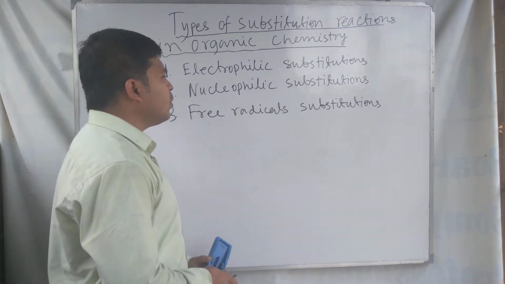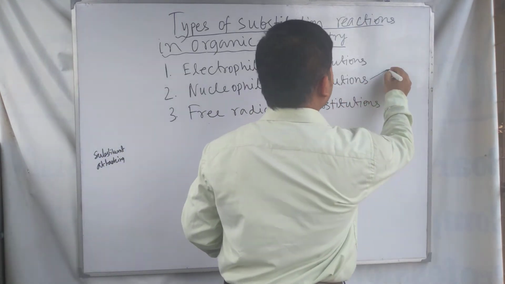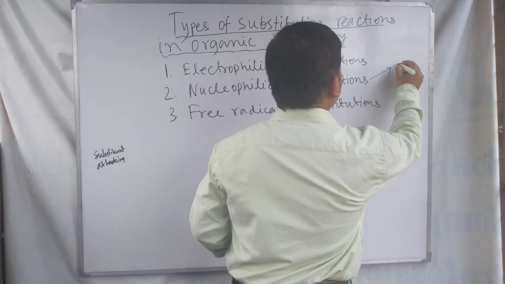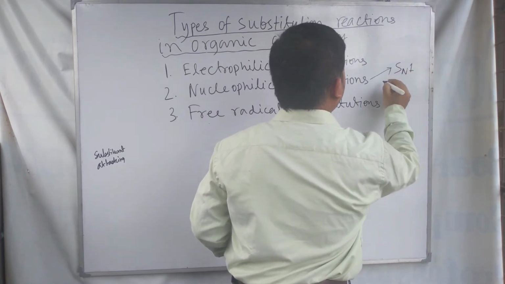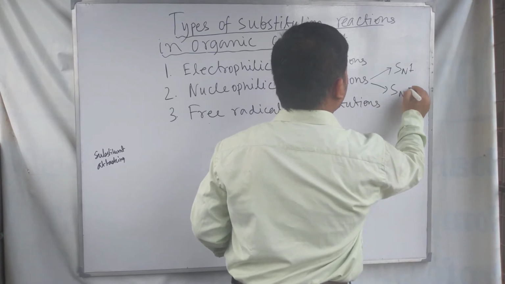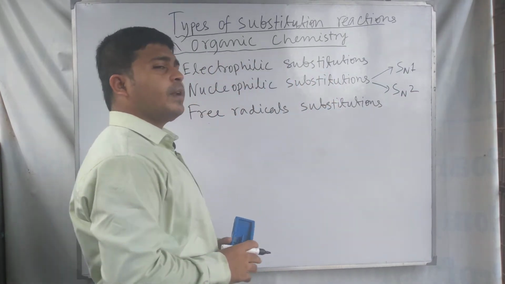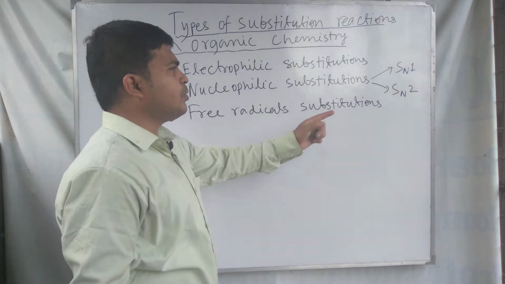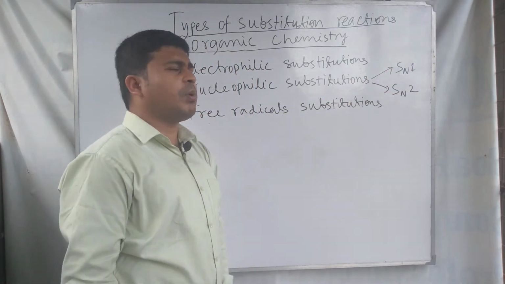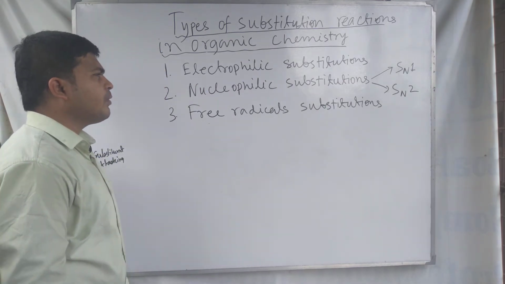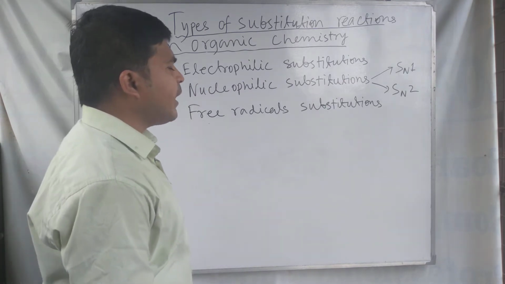And nucleophilic substitution reactions are again divided into two categories, SN1 and SN2: nucleophilic substitution unimolecular and nucleophilic substitution bimolecular.